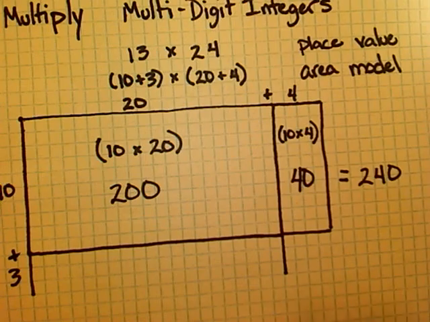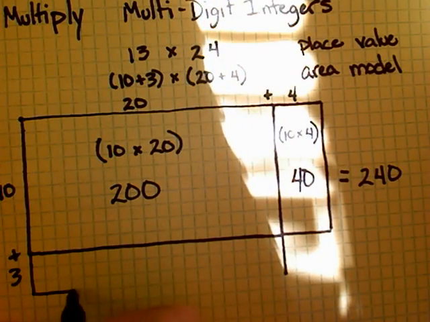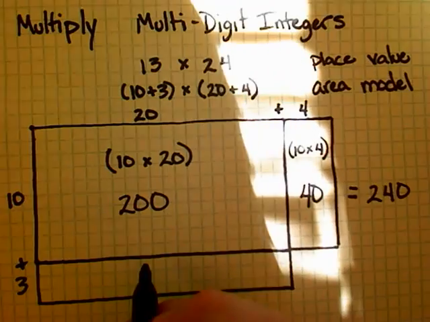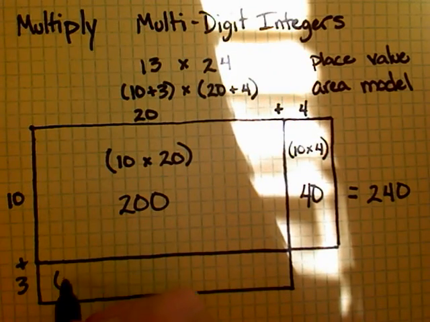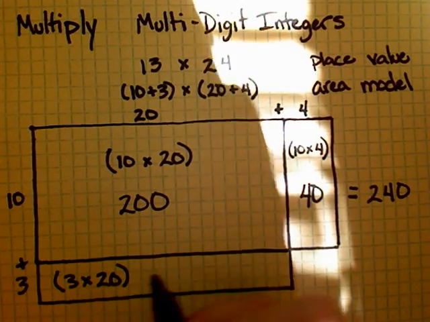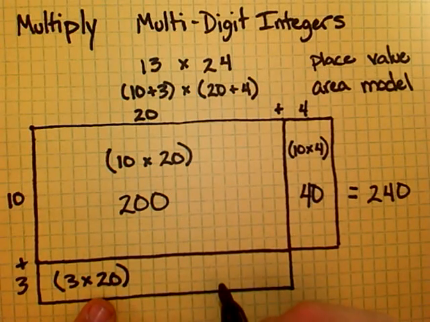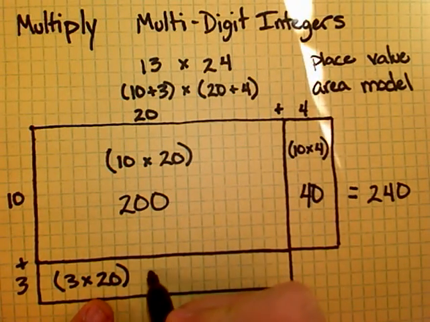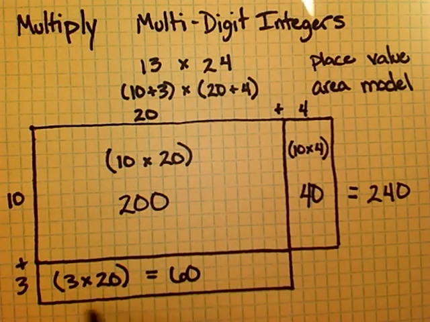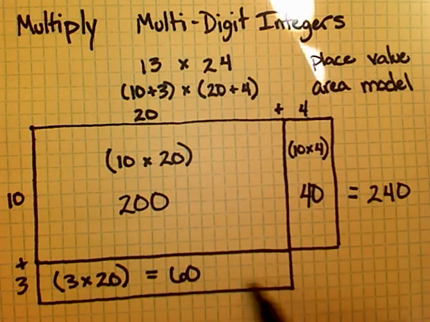I draw that line, and then I connect it. What I get here is 3 times 20. Well, 3 times 2 is 6, so 3 times 20 would be 60. That means that there are 60 little tiny squares in just this area.